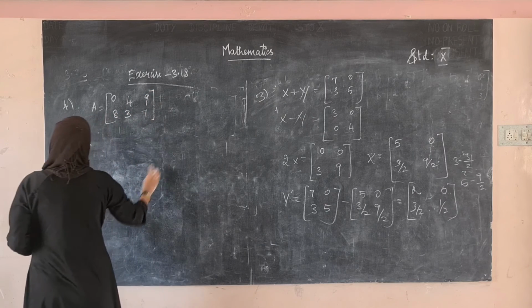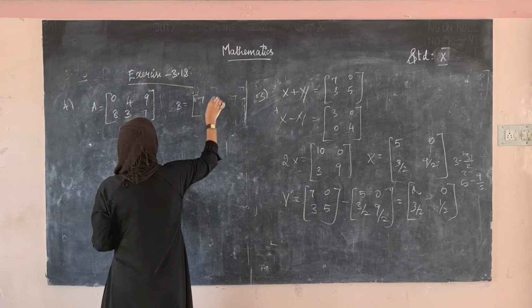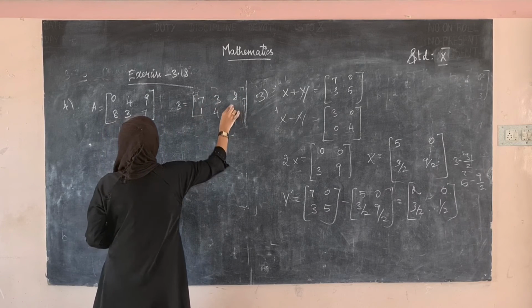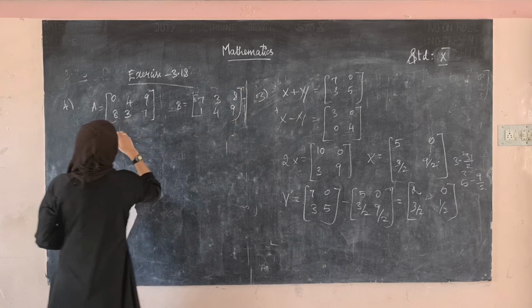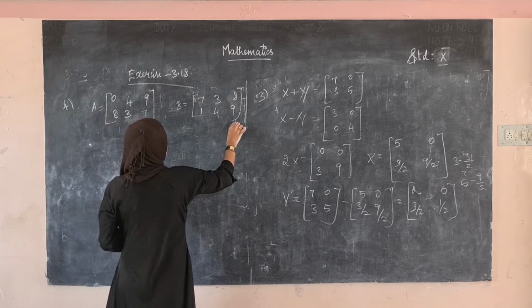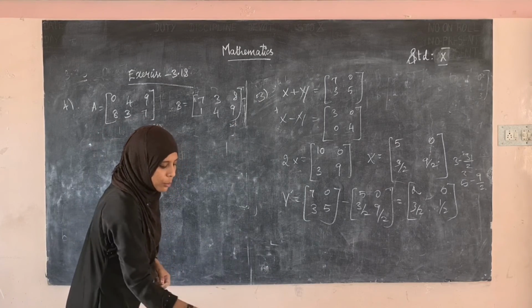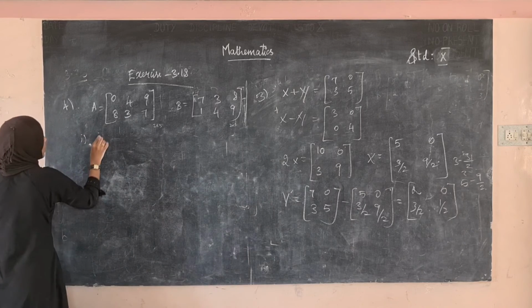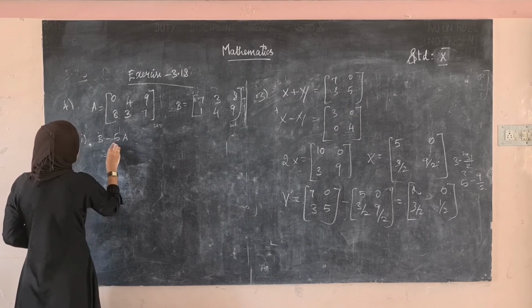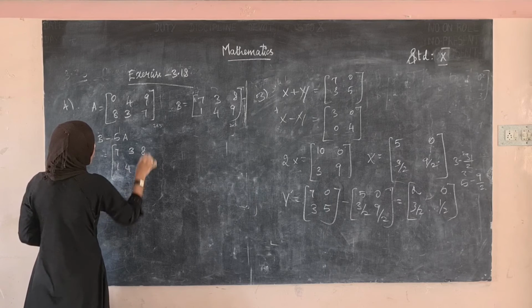And again, what is B? 7, 3, 8, 1, 4, 9. Okay, the order of these two matrices is 2 cross 3. In this also 2 cross 3, therefore no problem. Okay, we can solve. What we have to find? We have to find the value of B minus 5 into A. Okay, what is B? B is 7, 3, 8, 1, 4, 9.